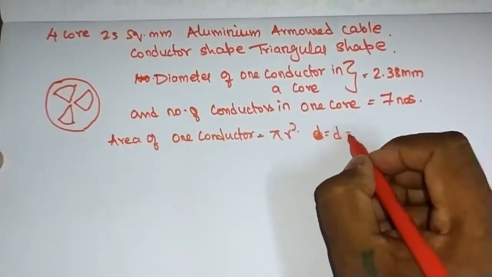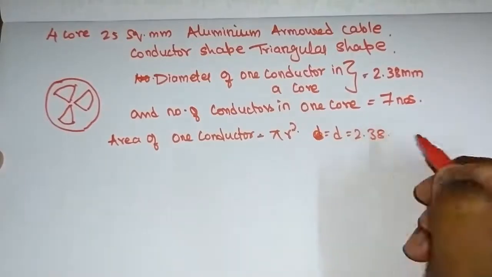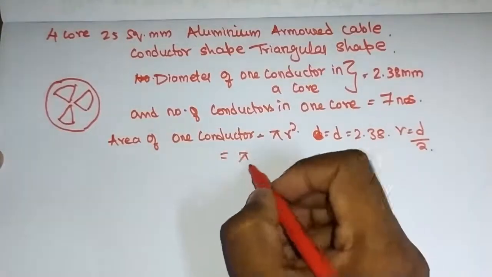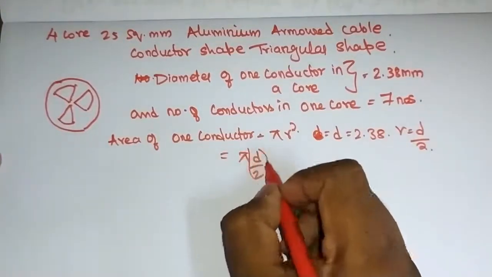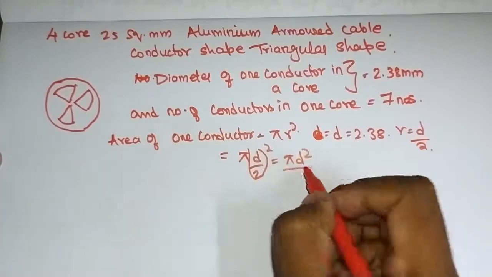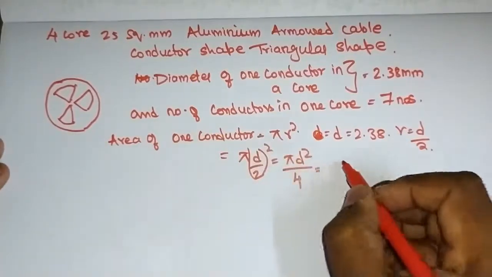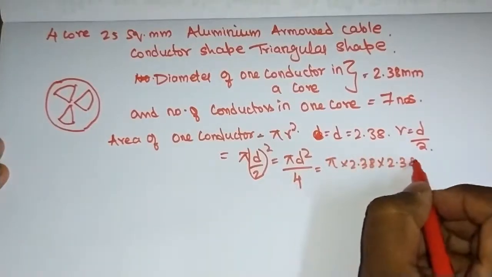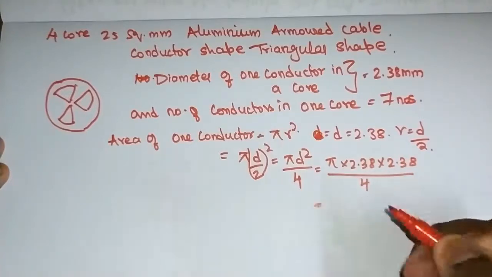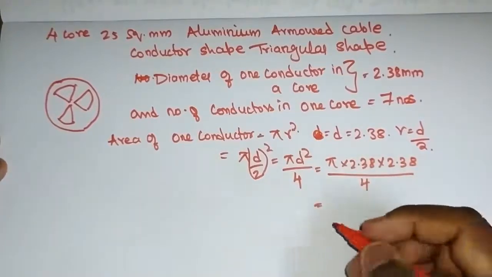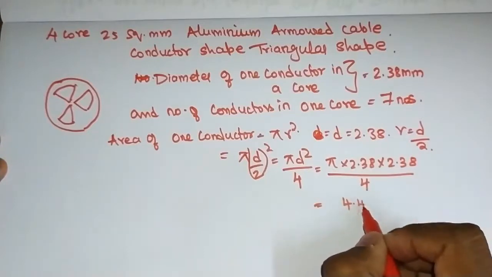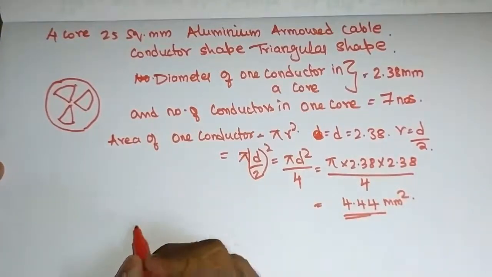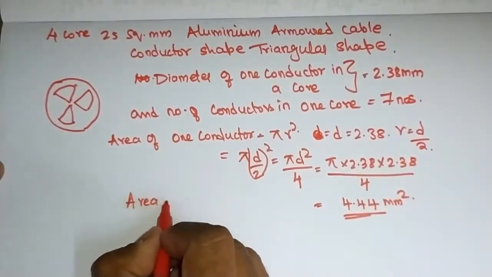We know the diameter is 2.38, so the radius will be diameter divided by 2, so the equation becomes pi (d by 2) the whole square, which comes to pi d square by 4, and applying the diameter here, pi into 2.38 into 2.38 divided by 4, which is 4.44 mm square. This is the area of one conductor.